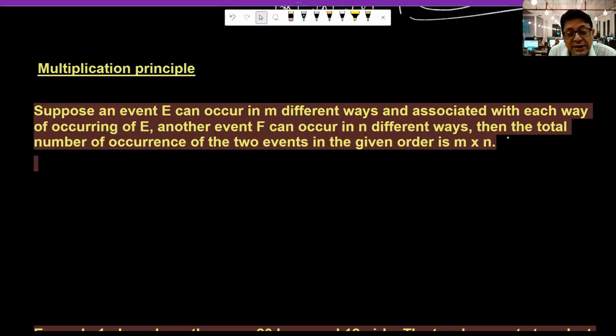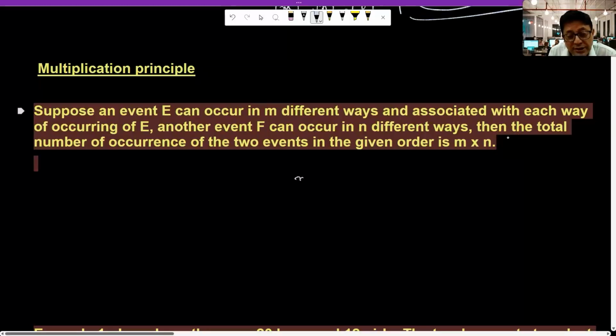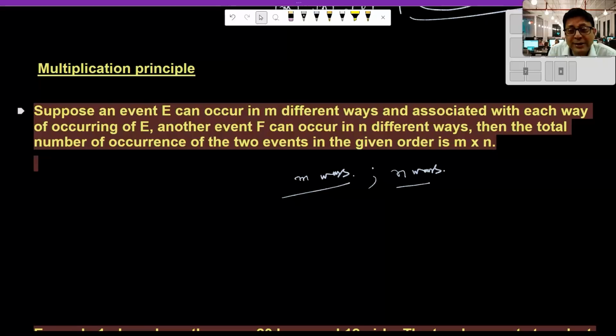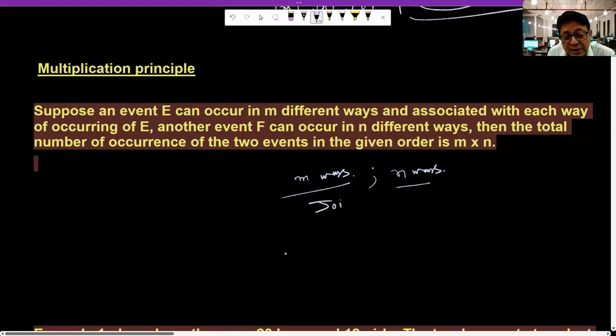Suppose a process can occur in m different ways, and another process can occur in n ways. Then both the events, the joint occurrence of 2 events, can be done in how many ways?